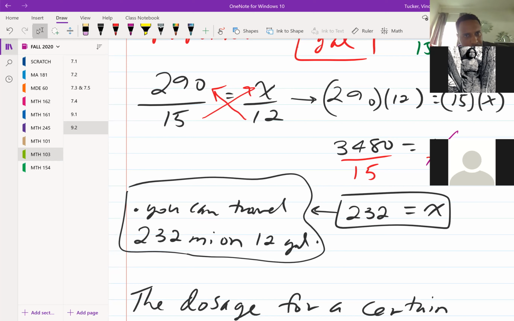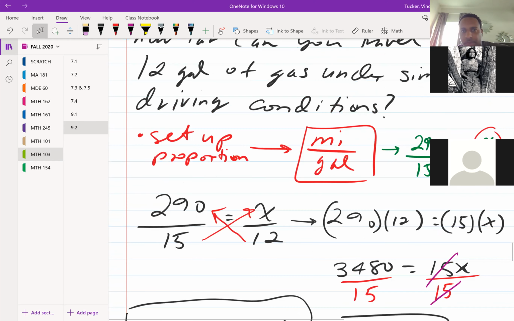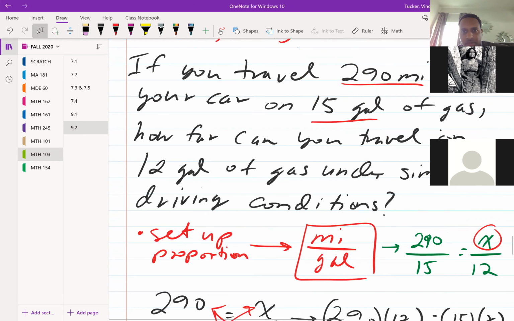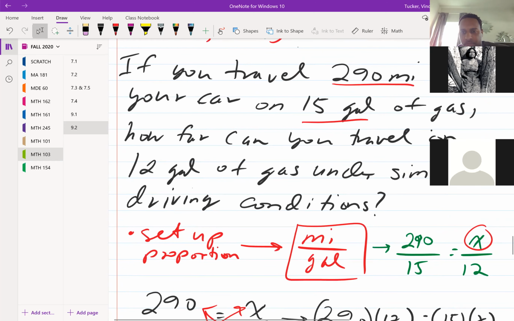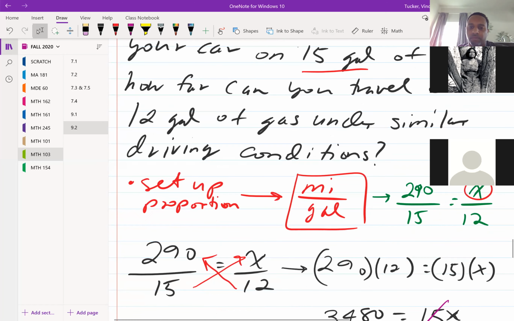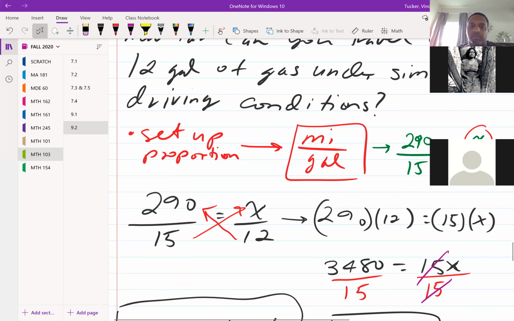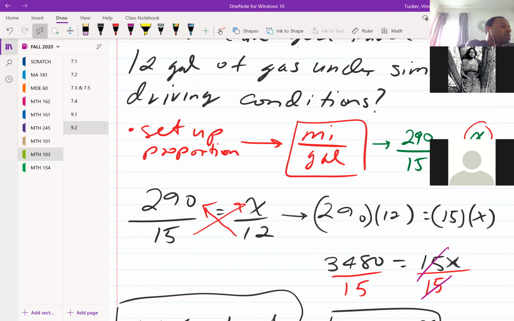I divided 290 by 15, and then I got 13 point whatever, and then I multiplied 13 point whatever times 12, and then I got 231.96. Right. Okay. So now this way will ensure that you get the most accurate answer.